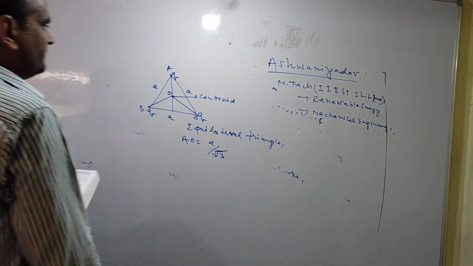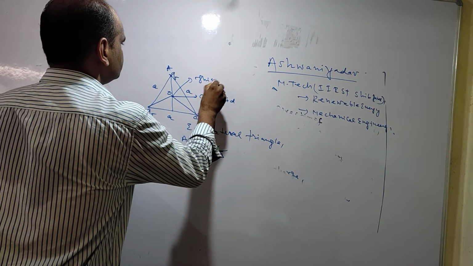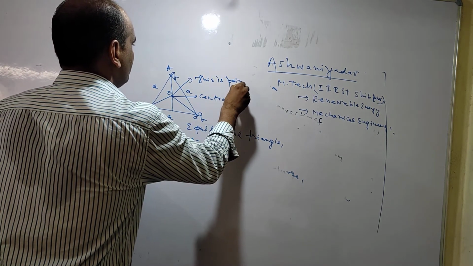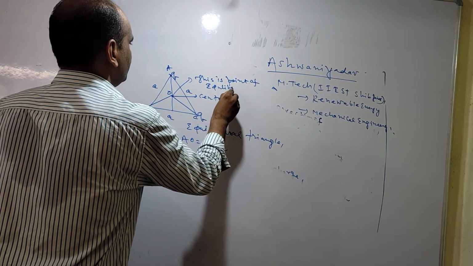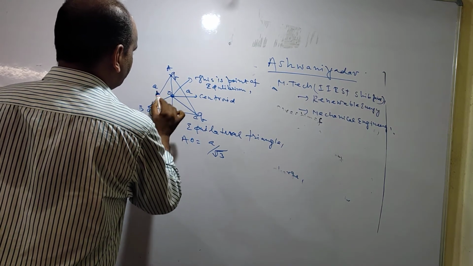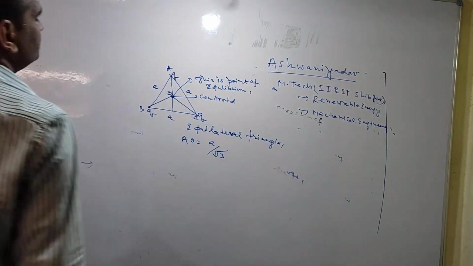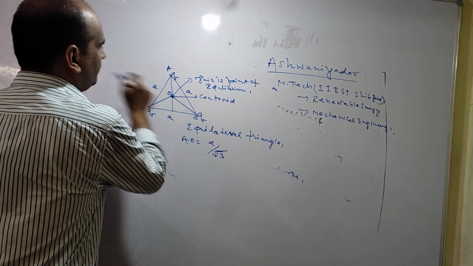So this is the point of equilibrium. If you keep any charge here, the net force is 0. Any net electric field is 0 or net force is 0.